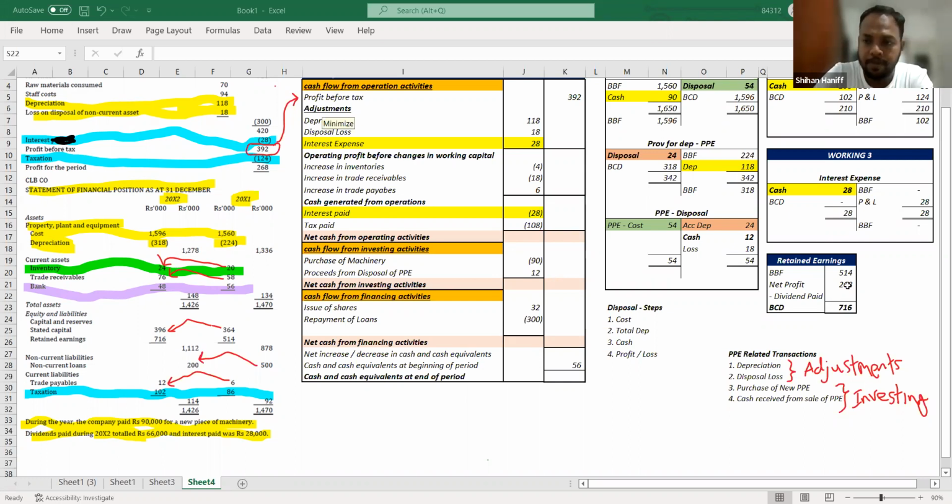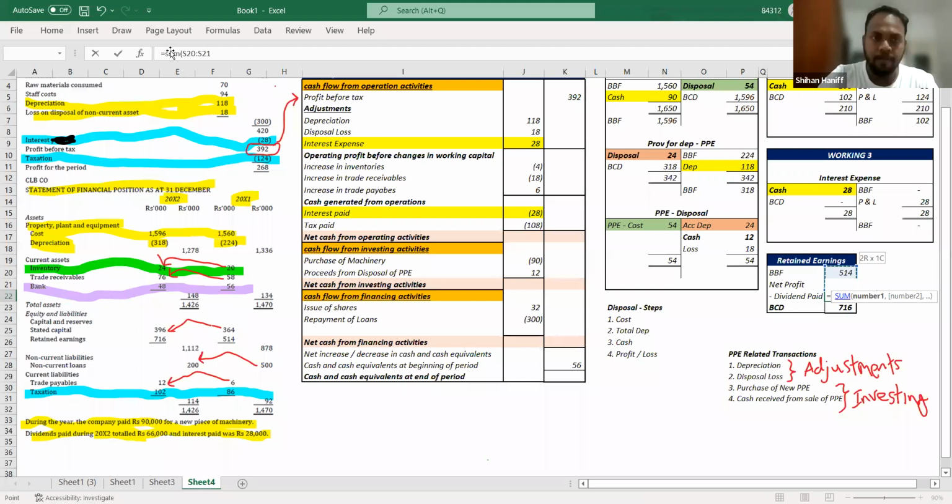Okay, so here total is 782, minus 716 means how much is dividend paid? Minus 66.